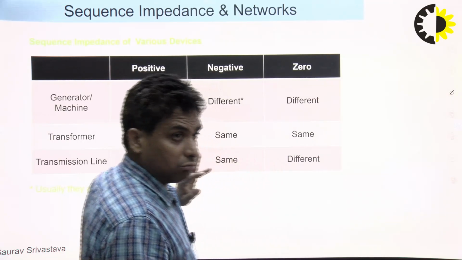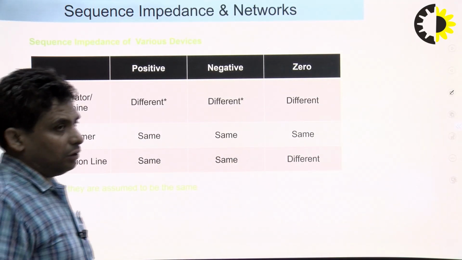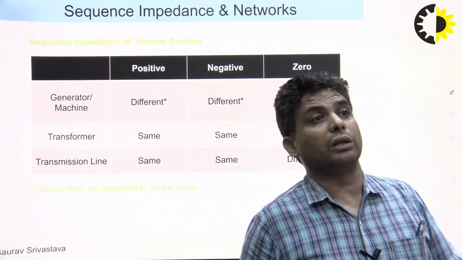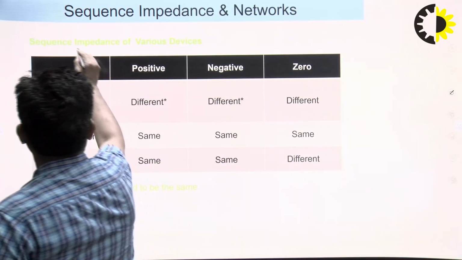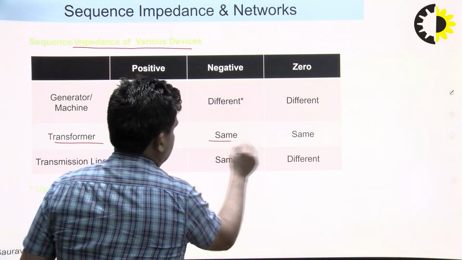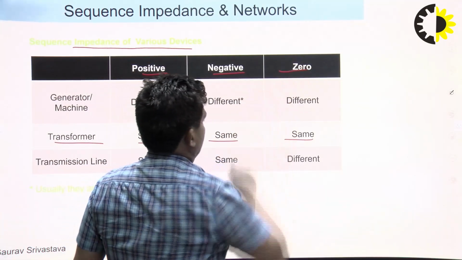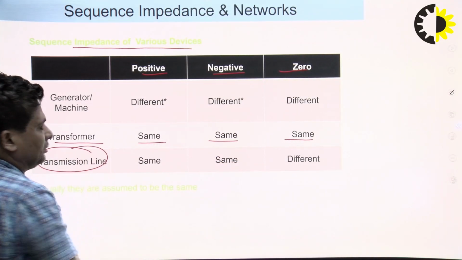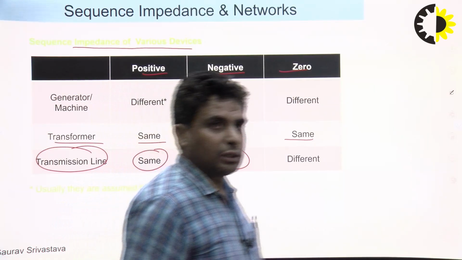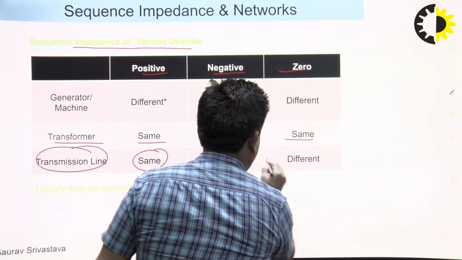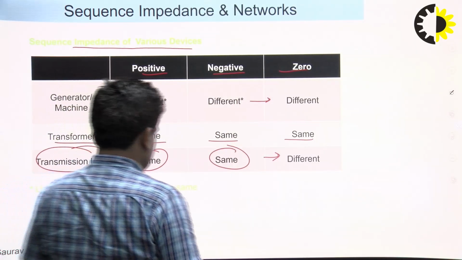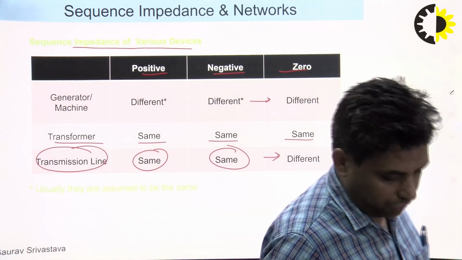In the transformer case, the positive, negative and zero sequence impedances are all equal. Similarly, in the transmission line, the positive and negative sequence impedances are the same, but the zero sequence is different, as with the generator. So this is just the abbreviation we are using here.